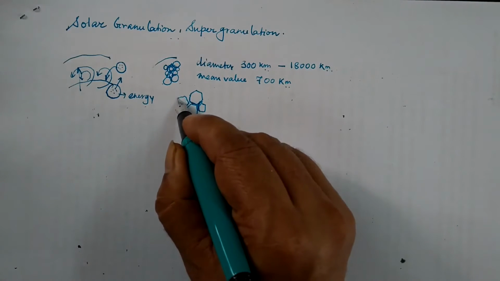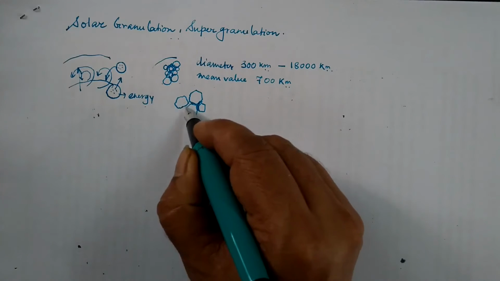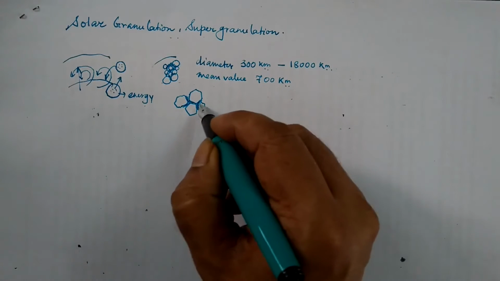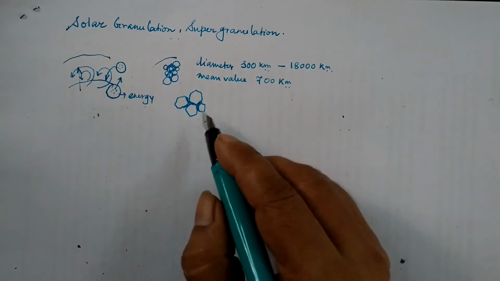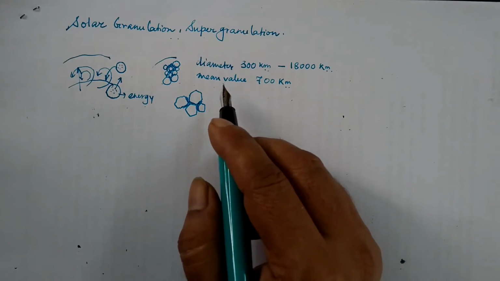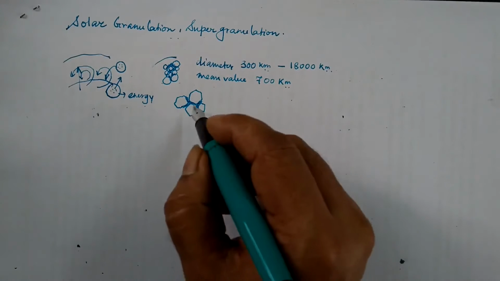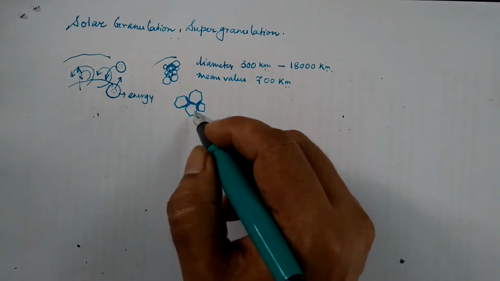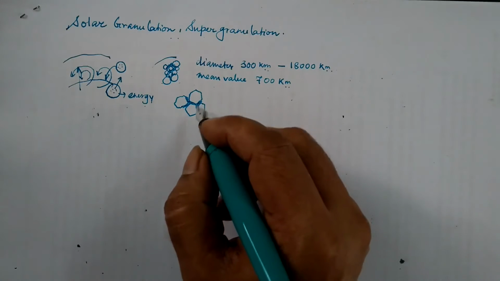The polygons are completely irregular, and the intermediate spaces are darker, and these are brighter. These narrow dark regions are called the filamentary regions.